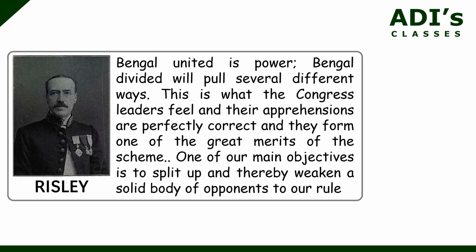One of our main objectives is to split up and thereby weaken a solid body of opponents to our rule. The British by the early 1900s had begun looking at Congress as a potential enemy. So they wanted to weaken the Congress, split Bengal, and weaken the nationalist movement.